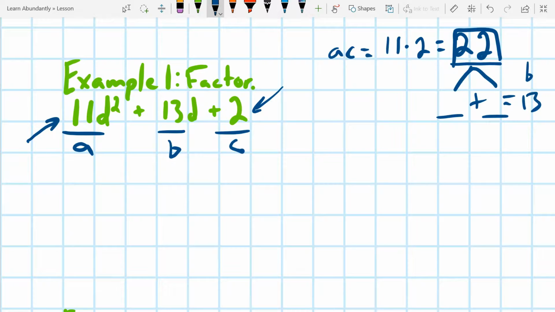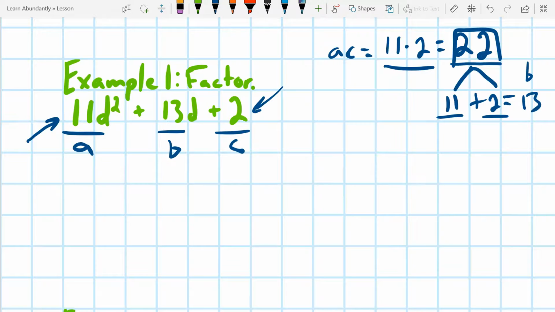Now, this isn't too hard to guess because 11 and 2 are obviously the two numbers that go there. I just looked right here. Those were the two numbers we started with. 11 times 2 is 22, and 11 plus 2 is 13. Now if we didn't have a lead coefficient like 11 there in front, we could just jump right to it and write our answer.